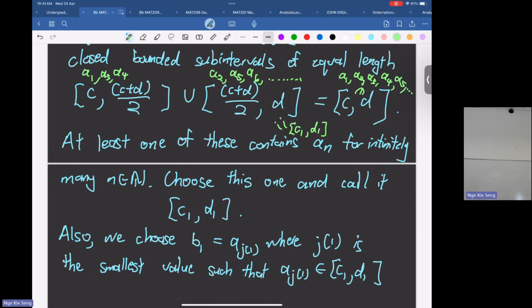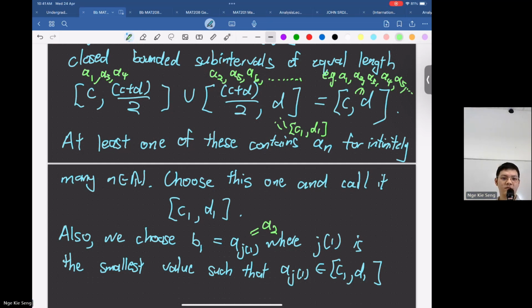How do I pick b1? I pick j1 to be the smallest index. Which one has the smallest index here? 2, 5, 6. 2 is the smallest. So the first term of my subsequence is just a2 in this case. Does it make sense? I pick the smallest one.